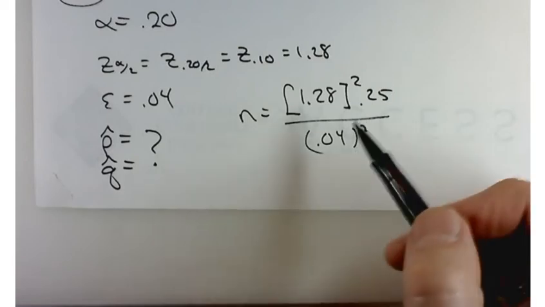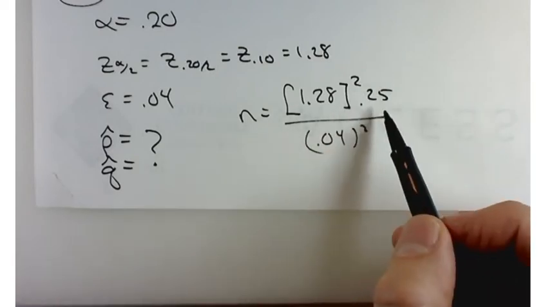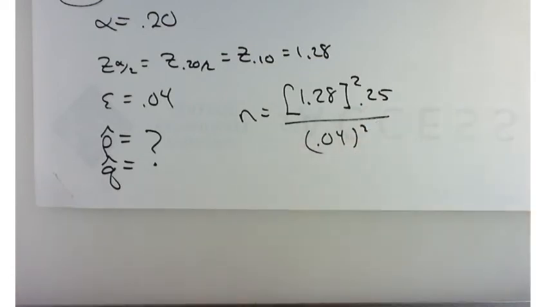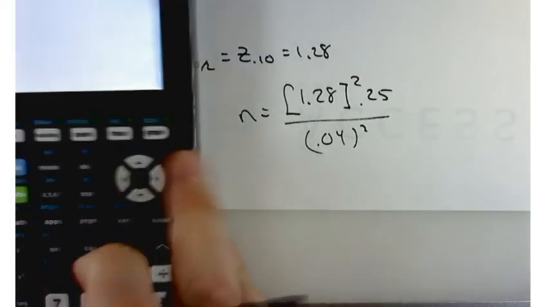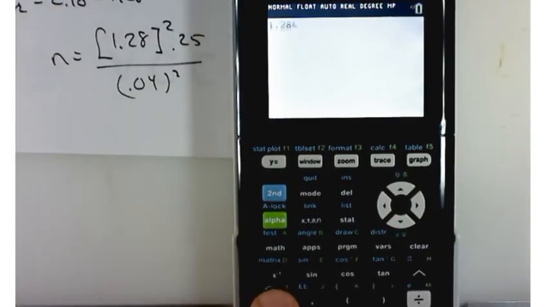So here's my calculation. You're going to square your z sub alpha over 2. I'm putting 0.25 in place of p hat, q hat because we don't have the numbers themselves. And divide by the square of the error. 1.28, hit the squared key, times 0.25, divided by 0.04, and again hit the squared key, which is on the left-hand side of your calculator. 256.